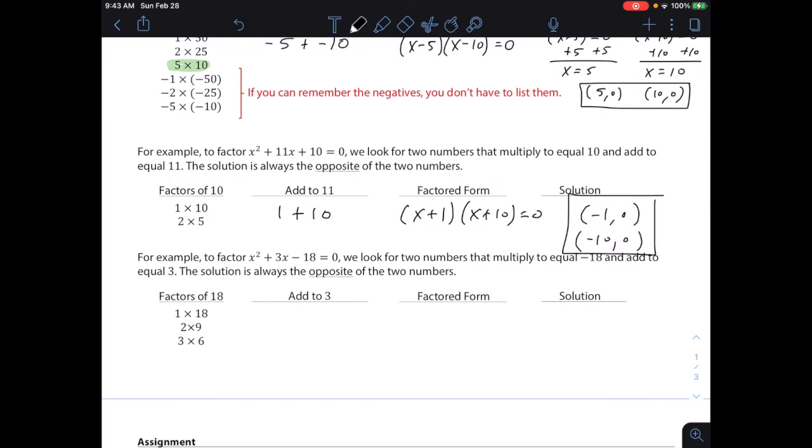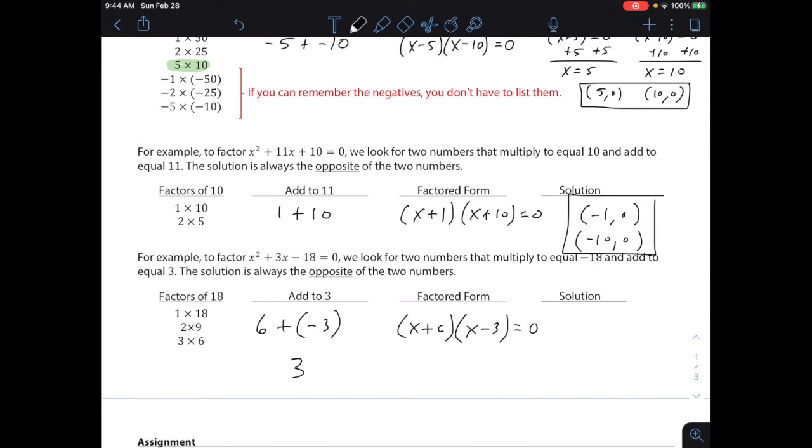And so when I say add to 3 here in the next column, it's going to be 6 plus negative 3. Or you could do 6 minus 3, I guess, but to honor the spirit of adding, we're adding a negative 3 to the 6, right? And so that equals 3. And so our factored form is going to be x plus 6, x minus 3 equals 0.